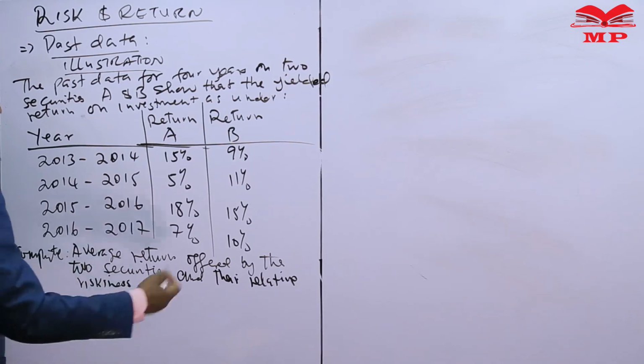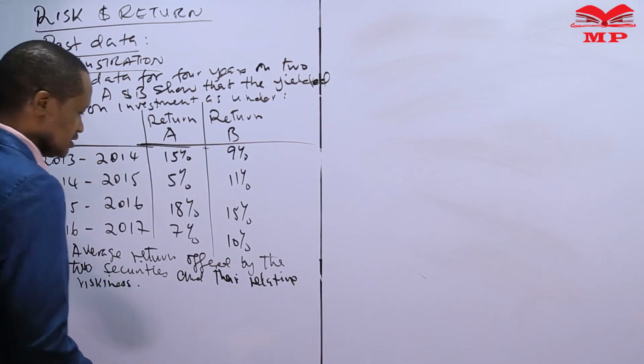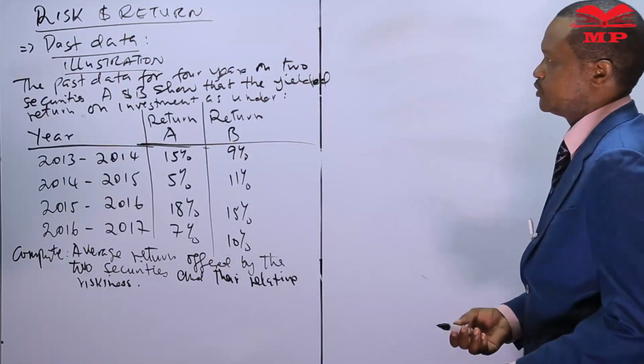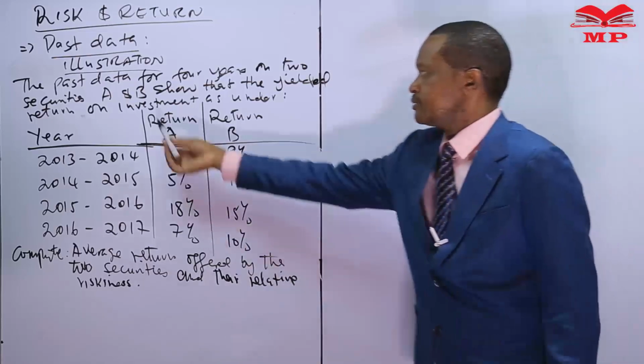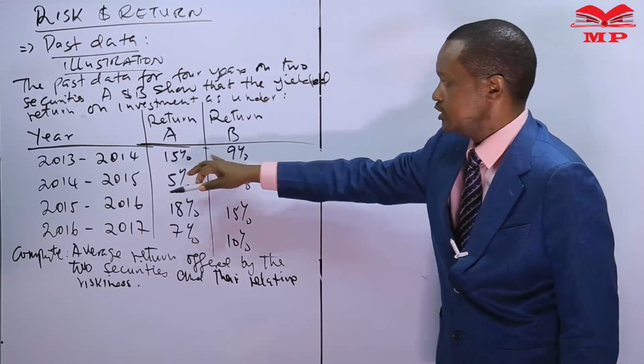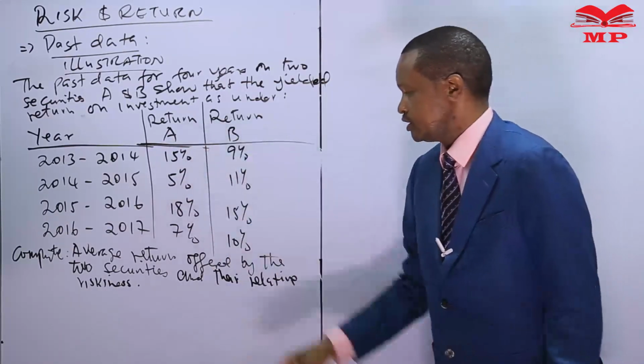You have to compute the average return and the relative riskiness. This is historical data for two securities as shown in the two columns.